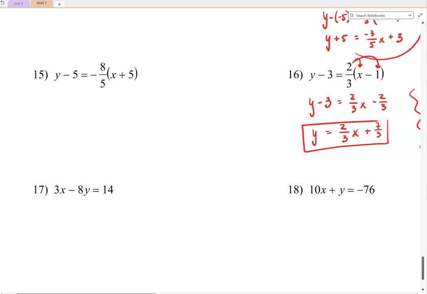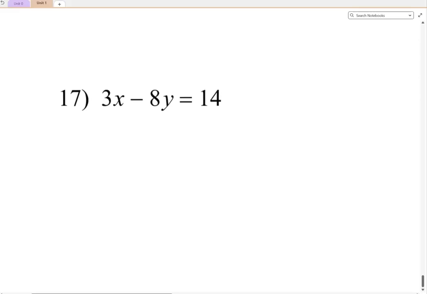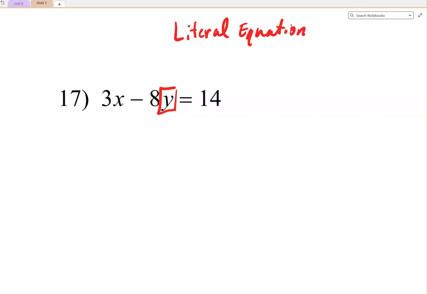Now I could finish with 18, but number 17 looks a little bit more interesting to me, so I'll finish this one here. Recall we have an equation in standard form currently. Our job would be to isolate y. This is a lot like what we saw during the first review of this week, where we were solving literal equations. And literal equations were those where we would isolate for just some letter, any arbitrary letter in an equation.